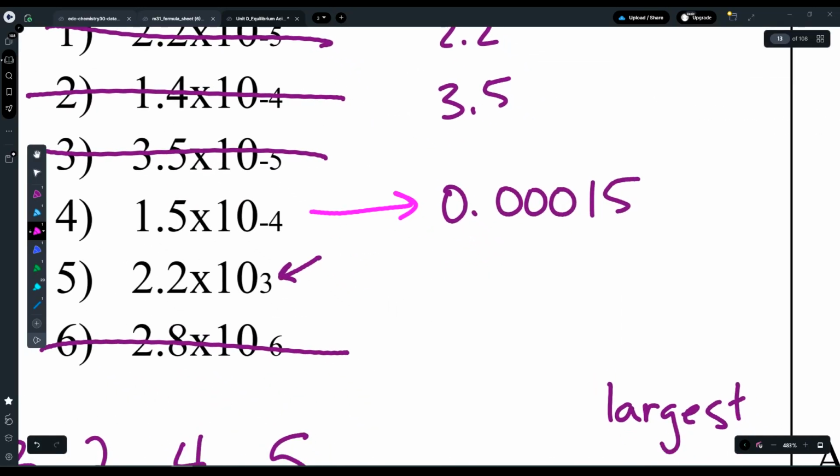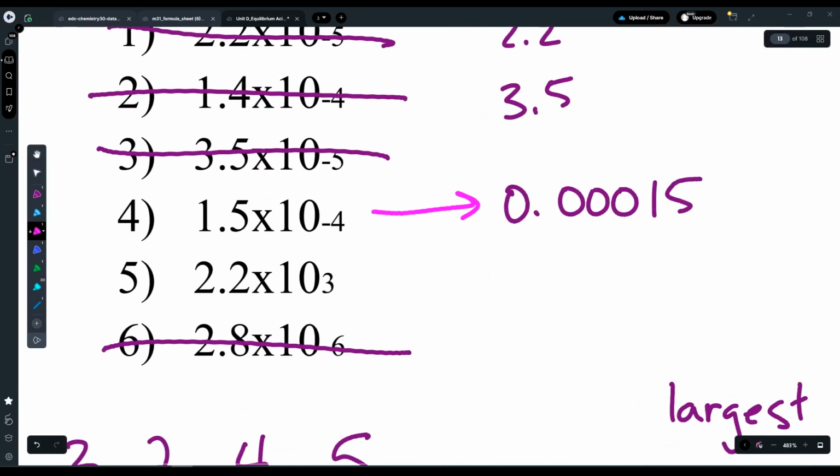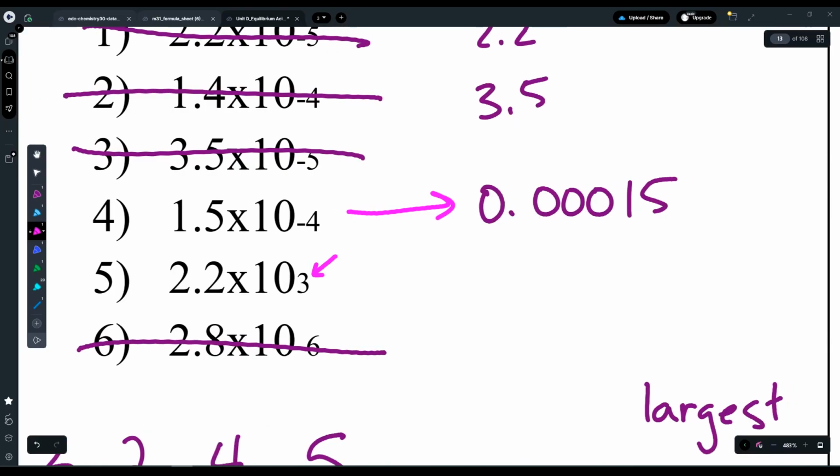But if we're talking about a positive exponent, this tells you that you're moving your decimal to the right, and since it's a 3, it would be 3 spots to the right. So a positive exponent means you're moving your decimal to the right, and the value of that exponent tells you how many spots over to move it. So this would be that.